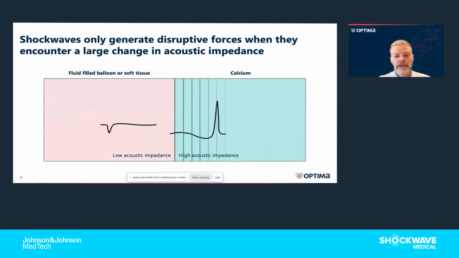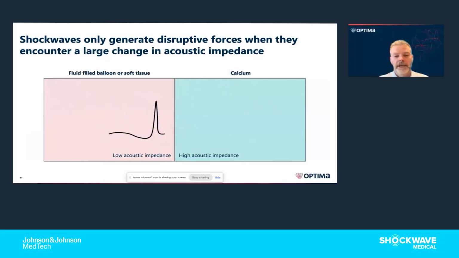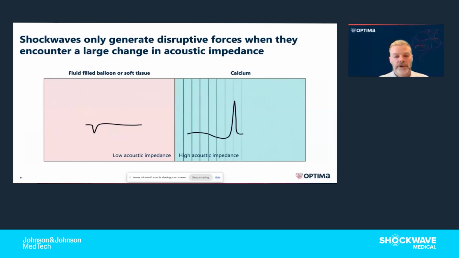If by contrast it encounters a zone of high acoustic impedance, then the energy is transferred at that juncture. So you can see here going from the balloon to calcium, there's a transfer of energy. 80% is transferred to the calcium, approximately 20% is reflected, and that's what results in the generation of the disruptive forces that fracture the calcium.